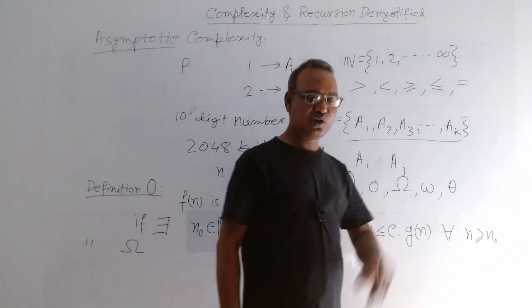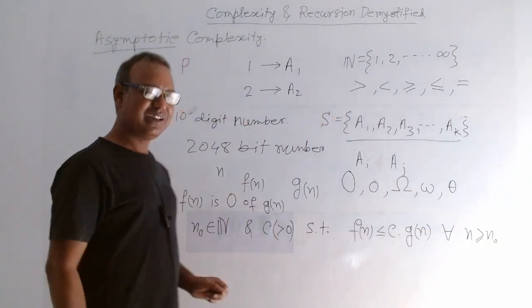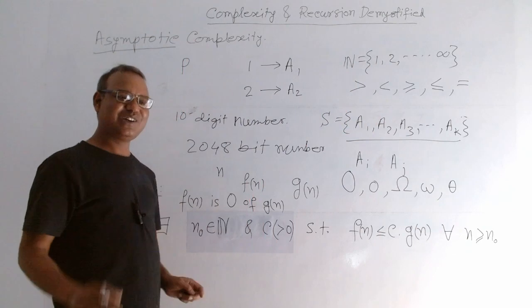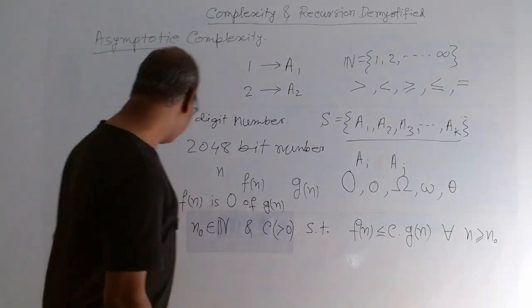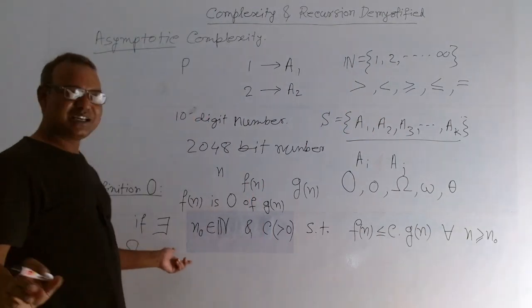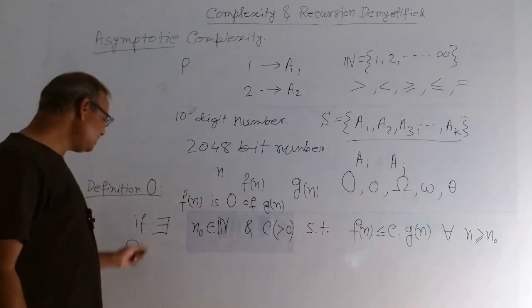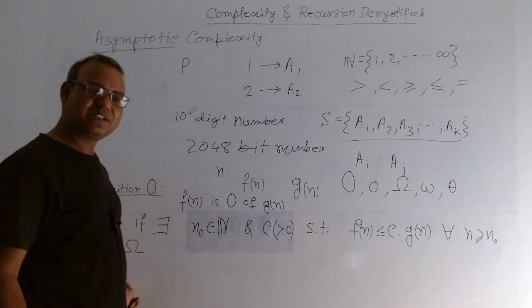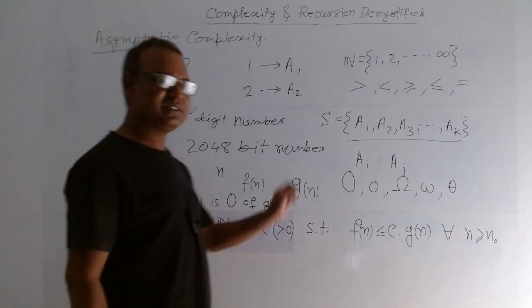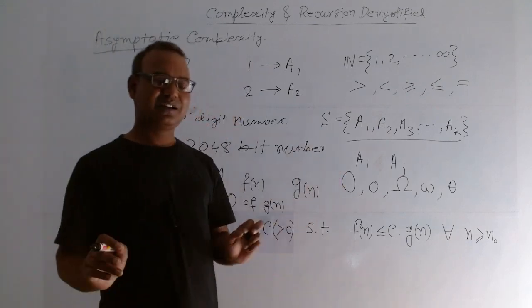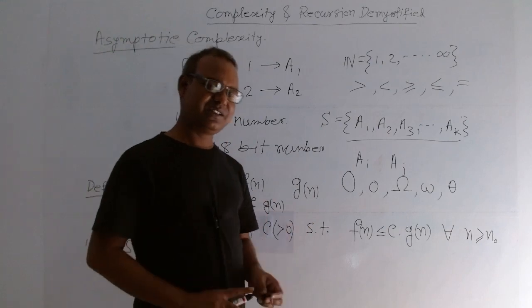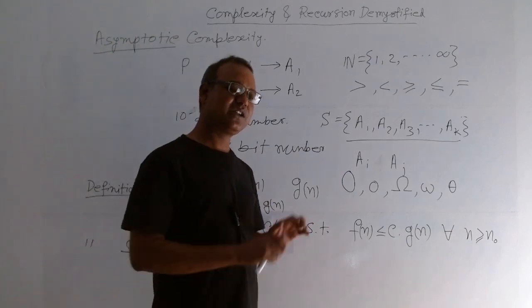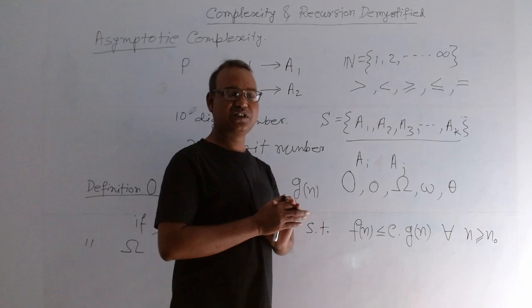For the example I just told, one polynomial is a quadratic and the other is directly n square, so that will actually be in theta relation. For that you have to prove the big O part as well as the big omega part. If you prove both parts, you can say they are in theta relation, meaning their complexity is almost equal.